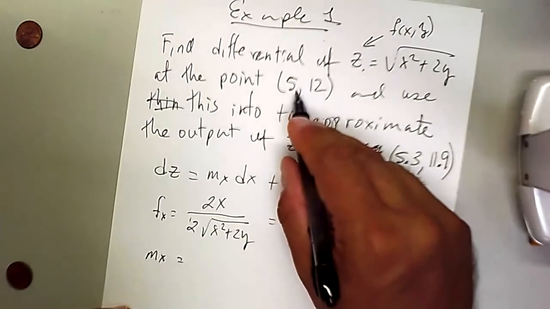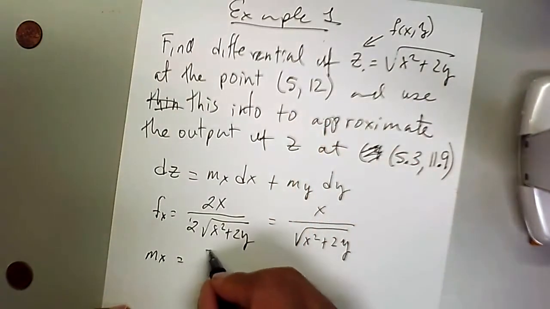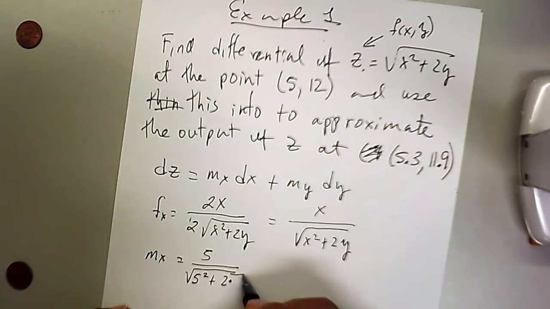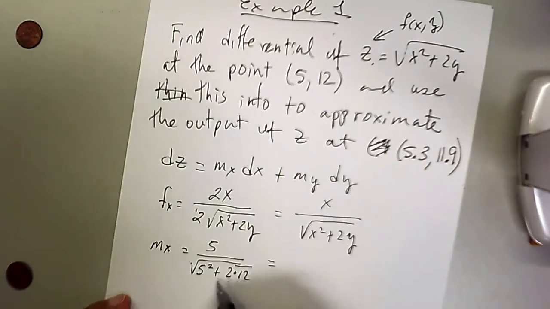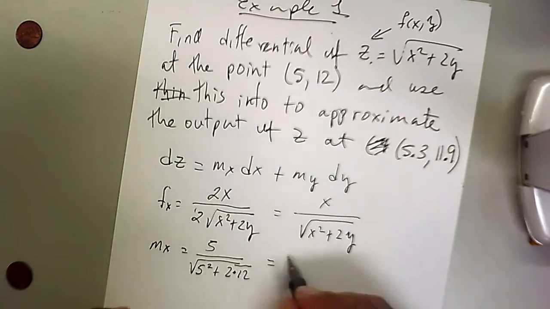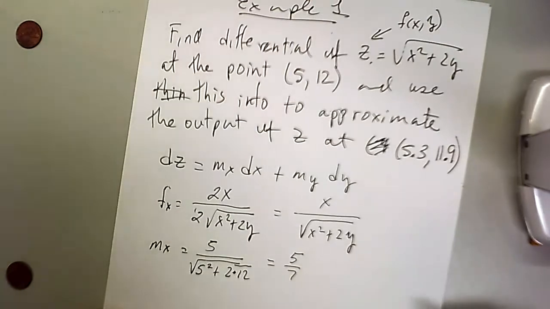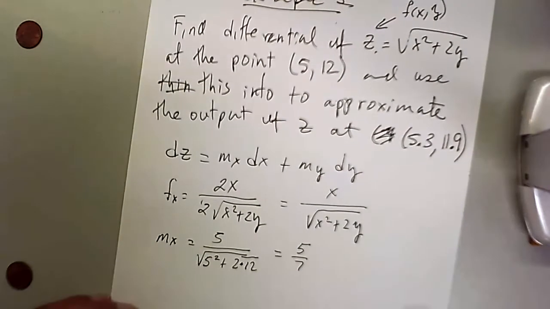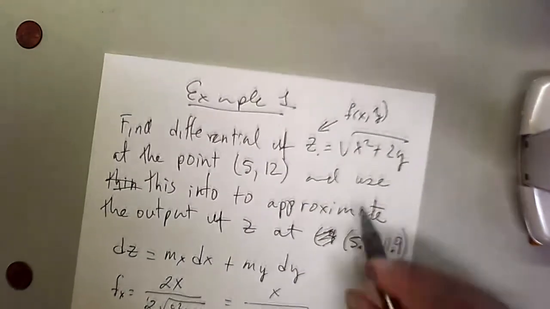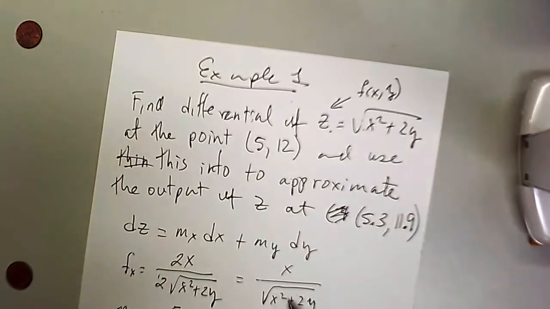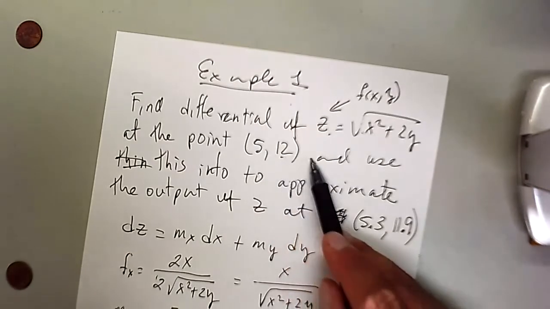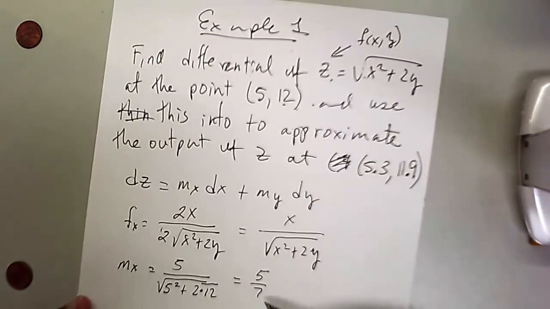So x is 5, y is 12. 5 over square root of 5 squared plus 2 times 12. So that is 24 plus 25 is 49. Square root of 49 is 7. There. So m sub x is 5 over 7. Oh, which means since this root is the same as this root, the point at which we are doing this is (5, 12, 7). The z value is 7.